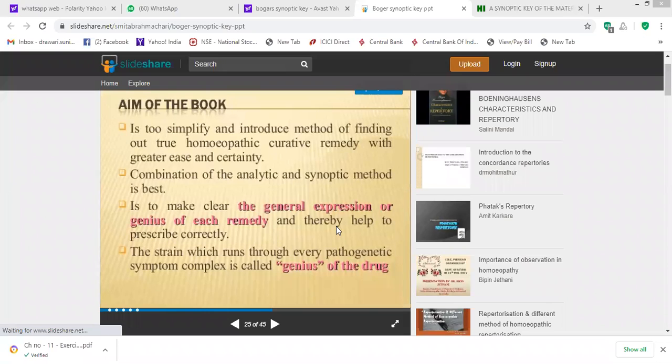So with this book we can easily find out the general expression as well as the genius of each remedy, that means the pathogenetic symptom complex of each remedy.